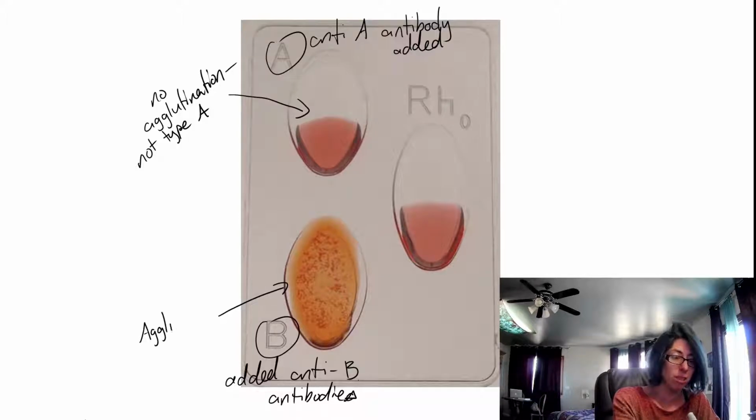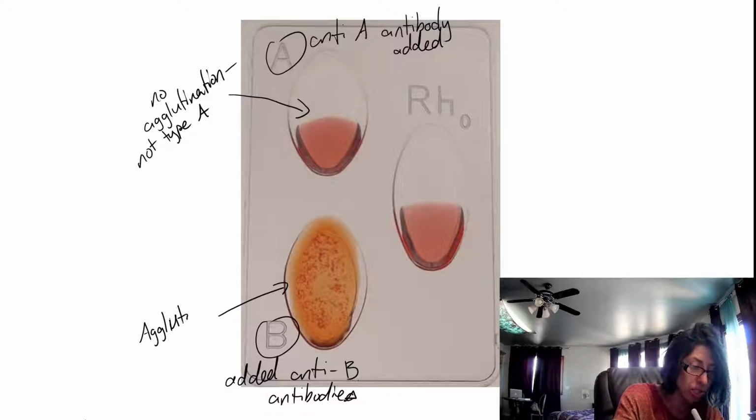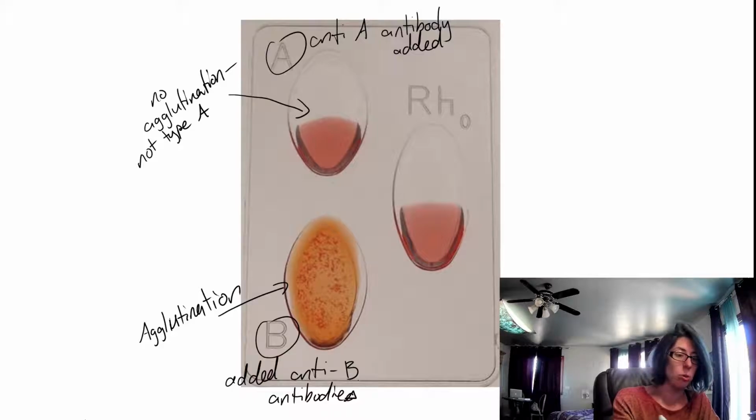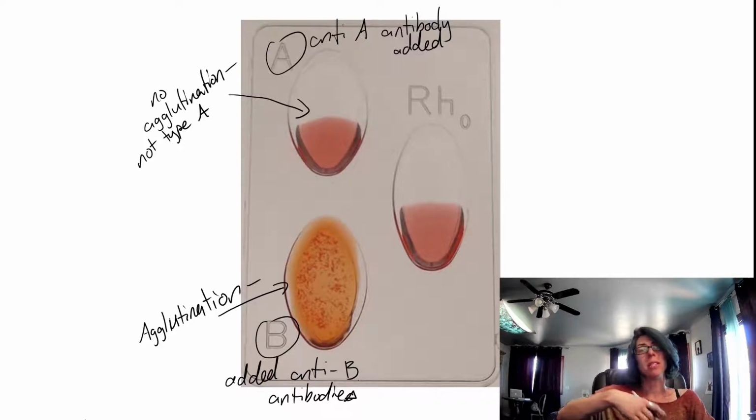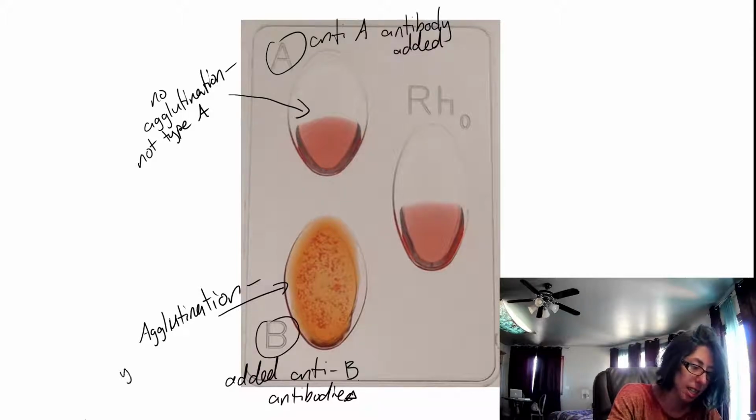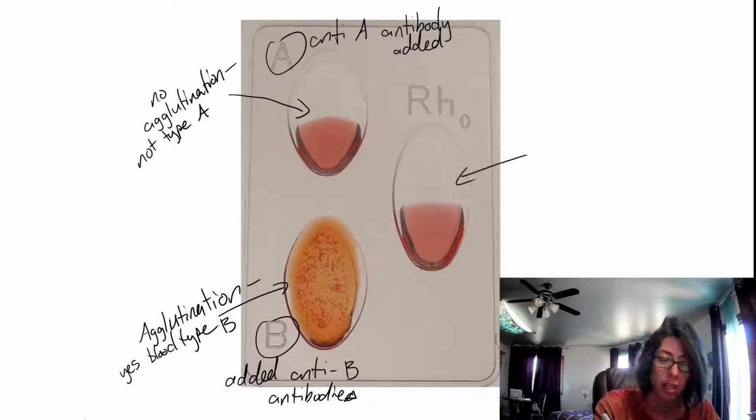You see the evidence of antibody attack. Agglutination. So what does that mean? That means that this person does have glycoprotein B, and the anti-B antibodies are attacking the B glycoprotein, right? Yes, blood type B.